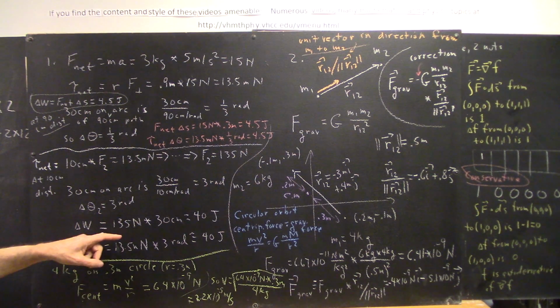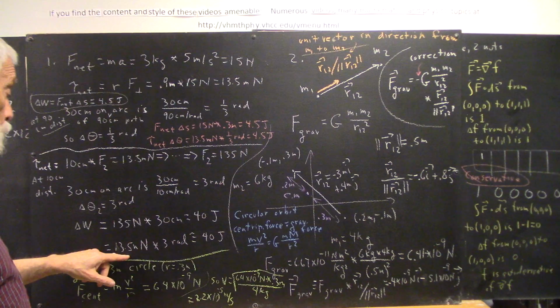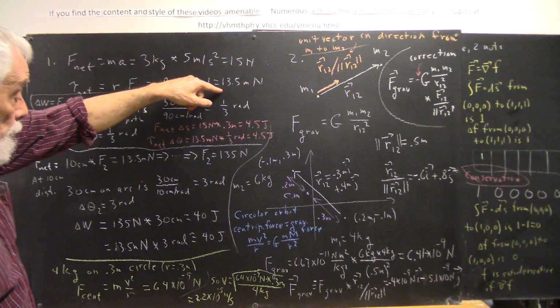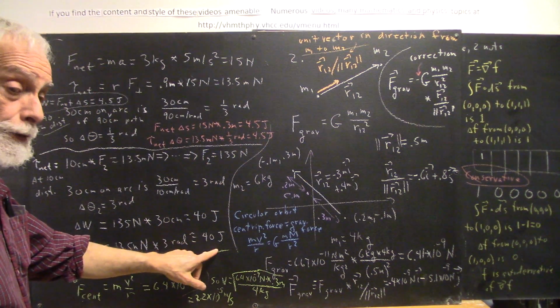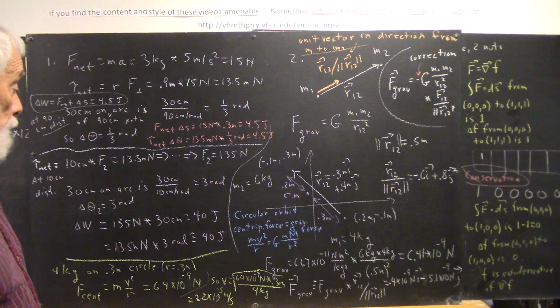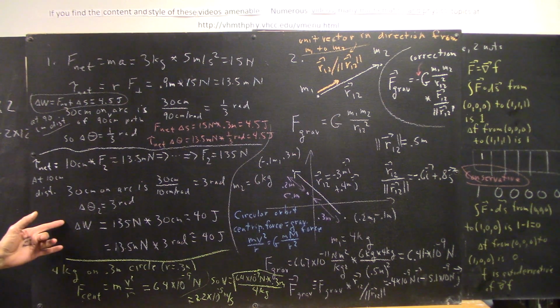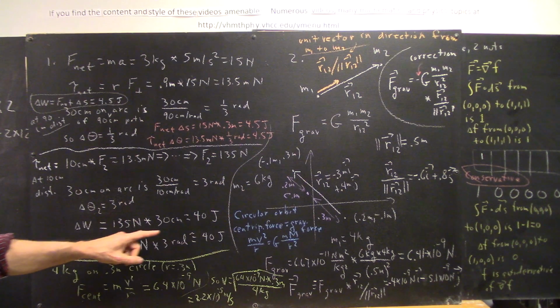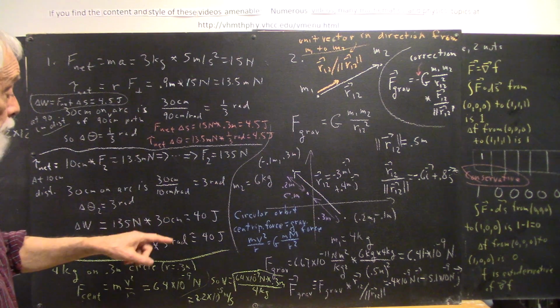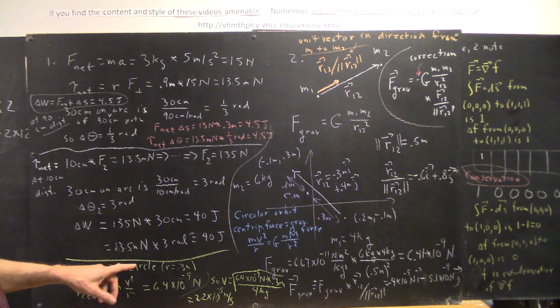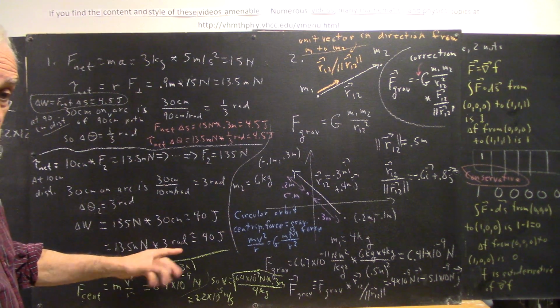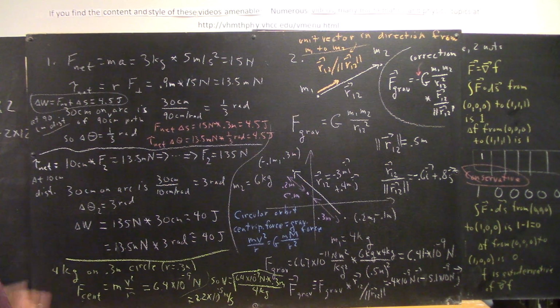So we're going to have to multiply that same torque, 13.5 meter newtons, by 3 radians, and we're going to get approximately 40 joules. And again, the work done calculated by net force times distance in the direction of that force gives us the same thing as net torque multiplied by the angular displacement. 40 joules in both cases.